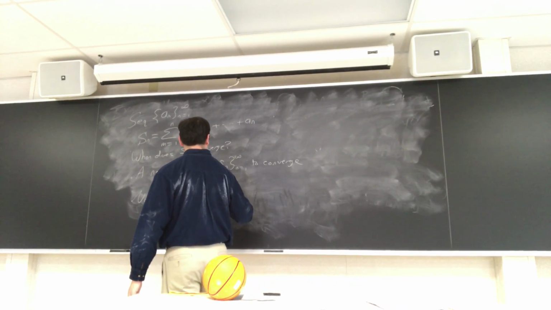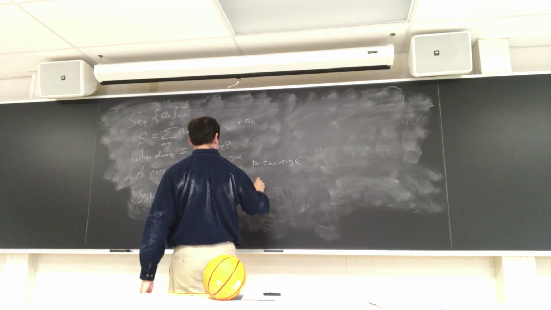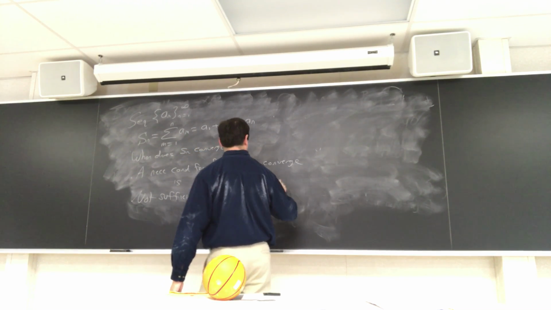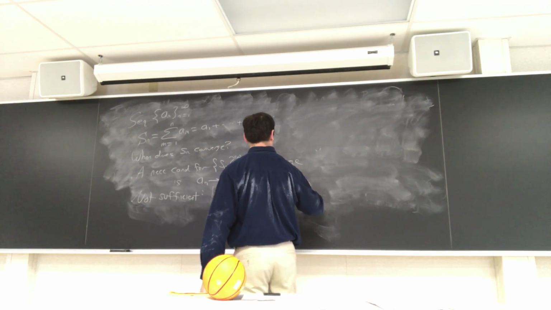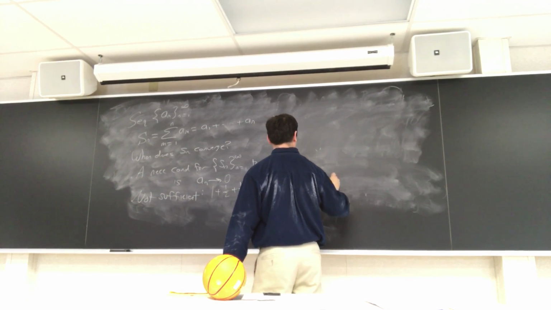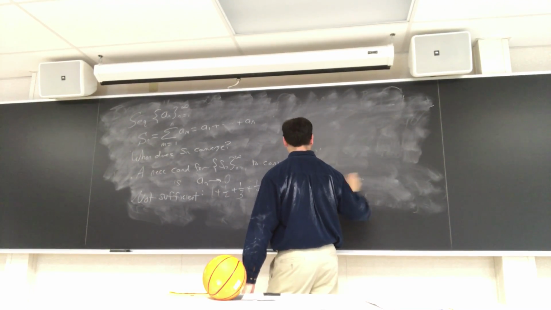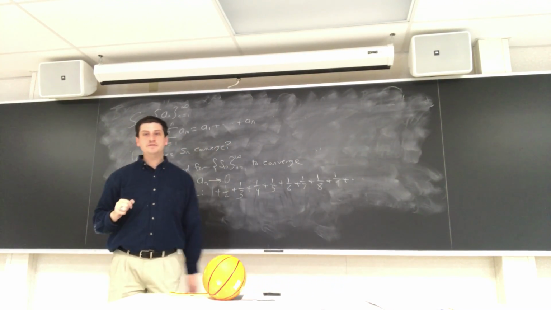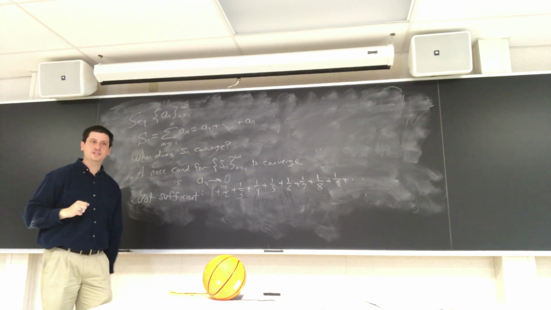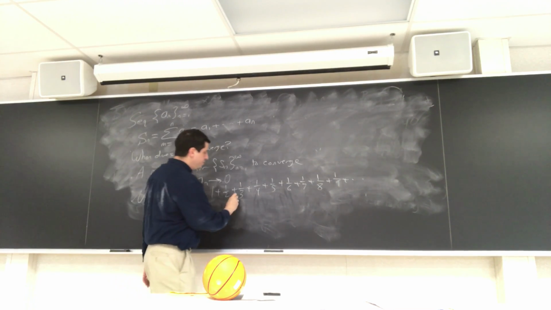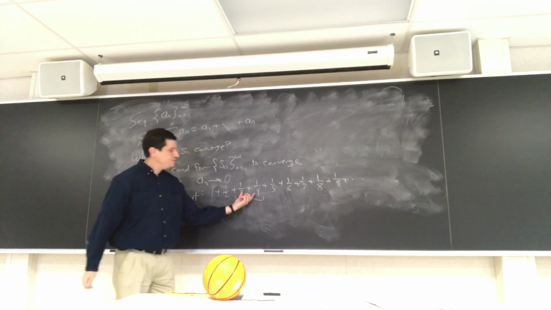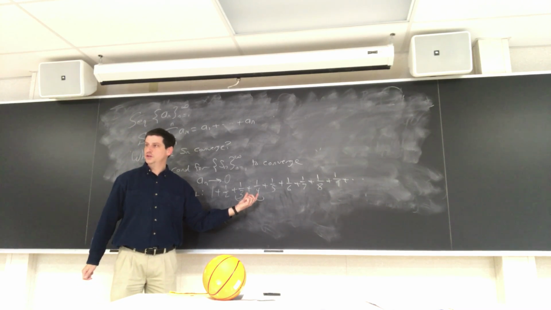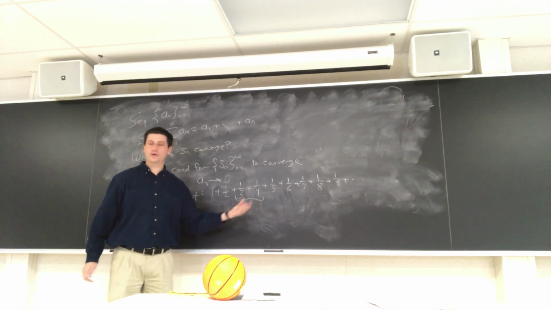1 plus 1 half plus 1 third plus 1 fourth plus 1 fifth plus 1 sixth plus 1 seventh plus 1 eighth plus 1 ninth. And I'm going to stop. Here is a review of the quick proof that it doesn't converge. 1 third plus 1 fourth. Each of these terms is at least 1 fourth. So this sum is at least 2 fourths or 1 half.